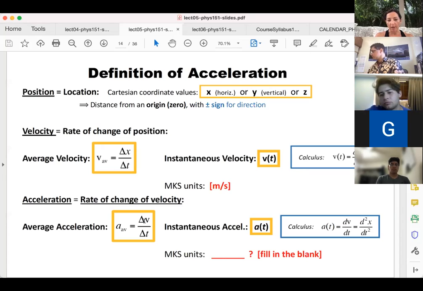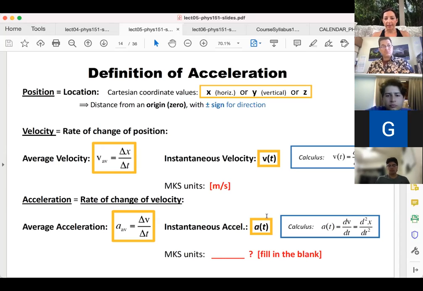So they are very similar. And this you need to learn. Unfortunately, we are going to use them a lot. So my suggestion to you is that you just memorize this equation. The instantaneous acceleration is the derivative of the velocity versus time. Okay.